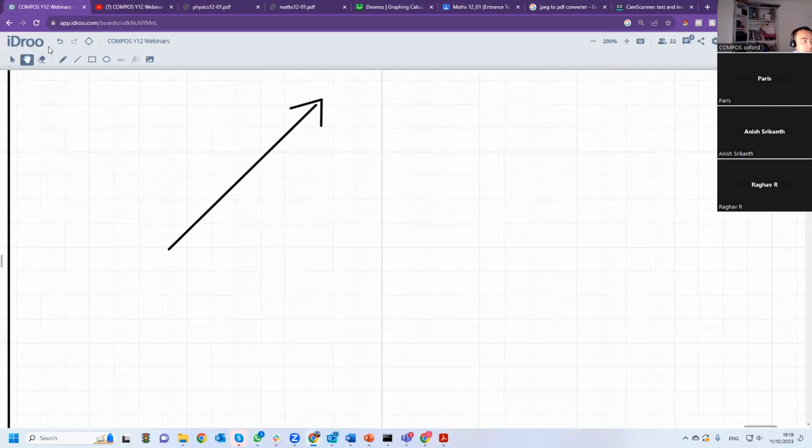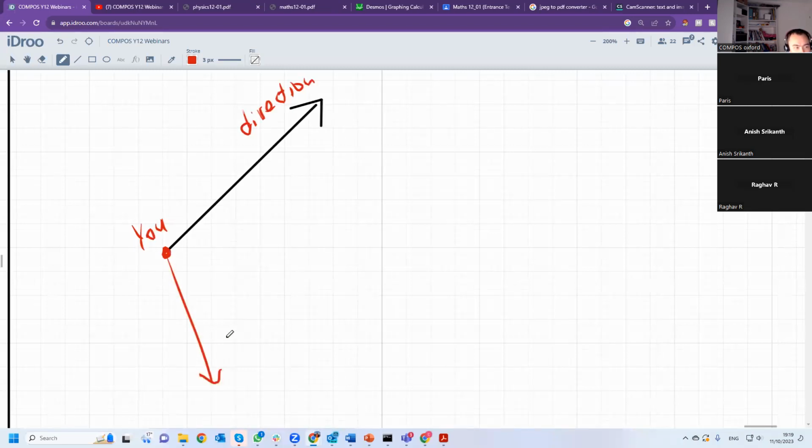This is the way you are traveling. And this is you. This is your direction. It means 135 degrees to your direction. So your house would be 135 degrees to your direction, like this. This is what it means.